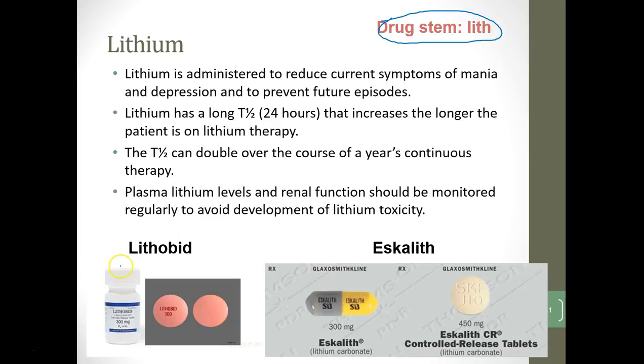Now, lithium, and in the book it gives Lithobid as the brand name. Here it is, and there's a 300 milligram tablet, but there is also Escalith, which comes either in a capsule for its immediate release or in the controlled release as a tablet.